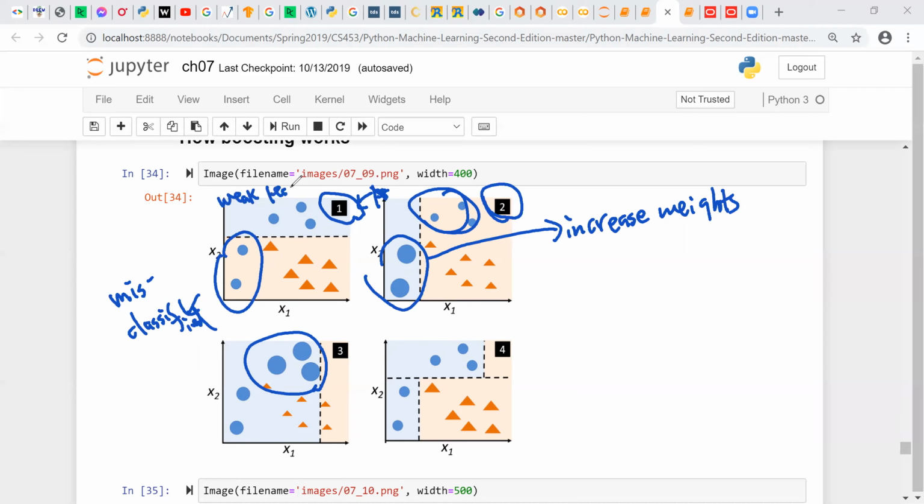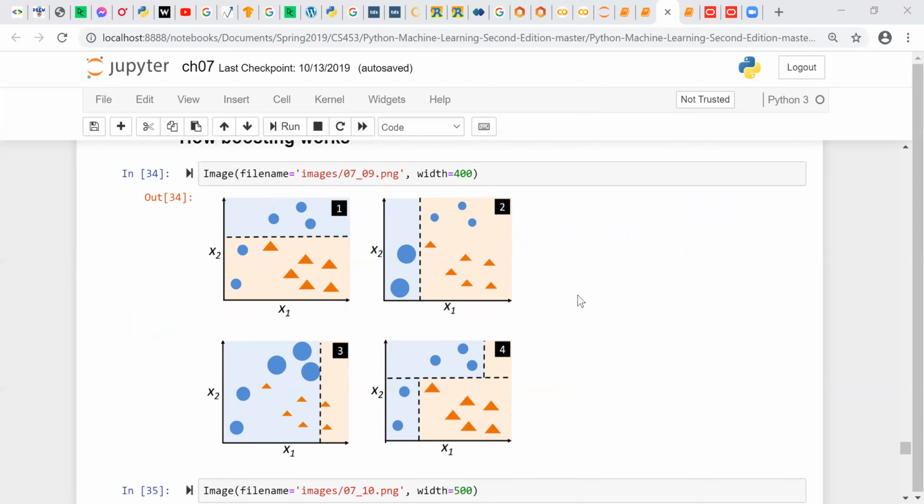You keep adding strength to the weak learner, and then you have the final strong learner, and most of the samples can be predicted correctly. So that's the whole idea about boosting.